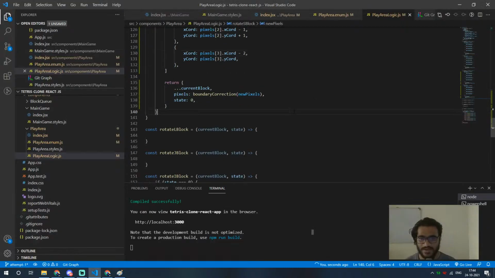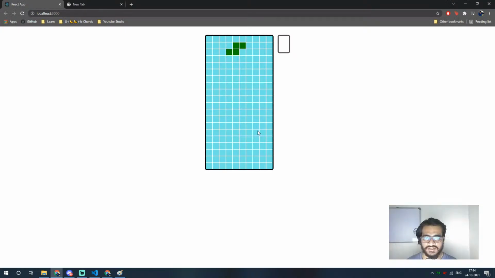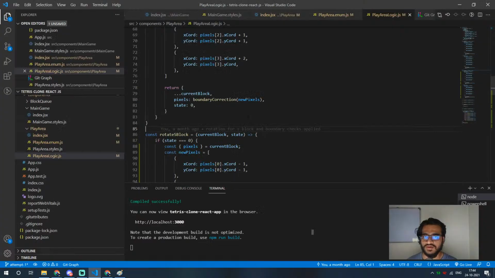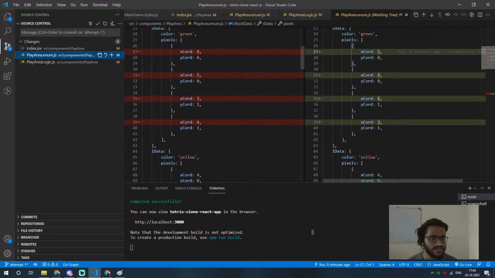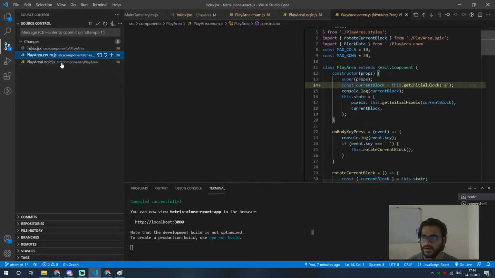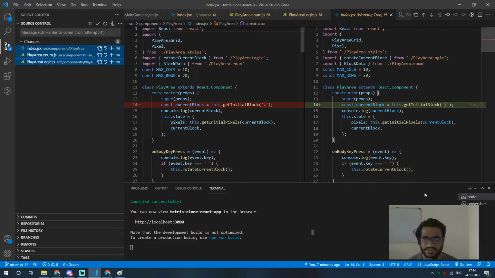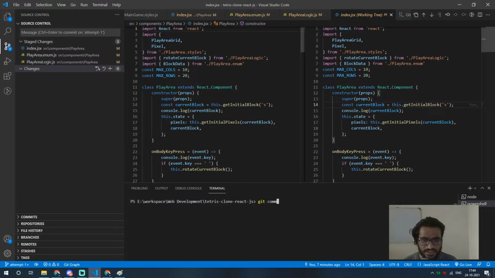So rotation of S block is also working fine. I think this is a stable state, so we should commit this state because it's a stable state. Rotate S block.